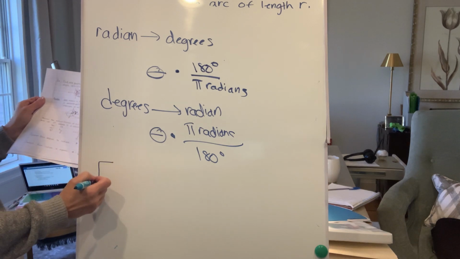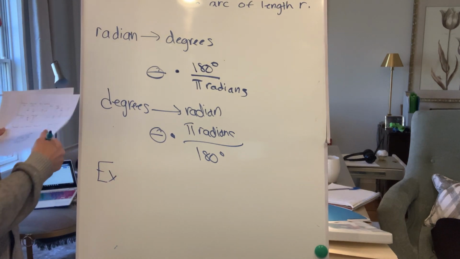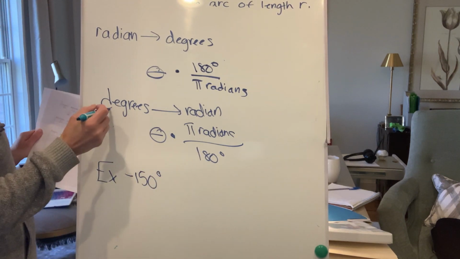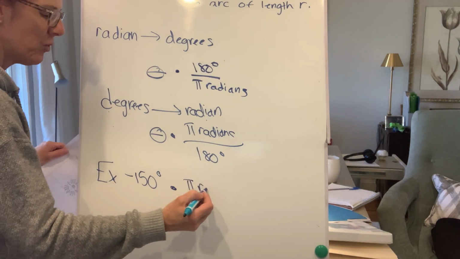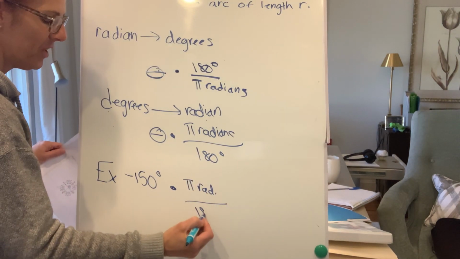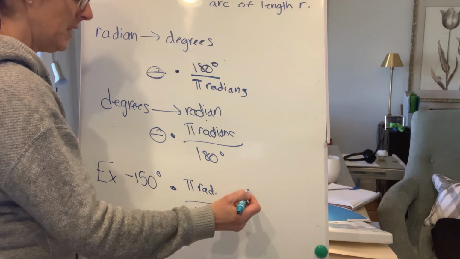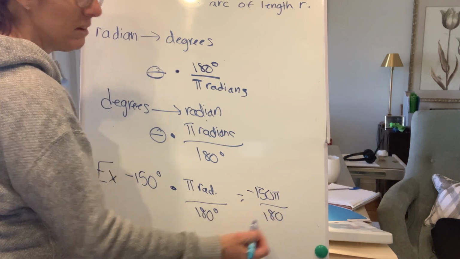So if I do an example, if I have negative 150 degrees, to convert it to radians, I'm going to multiply it by pi radians over 180 degrees. So I get negative 150 pi over 180.